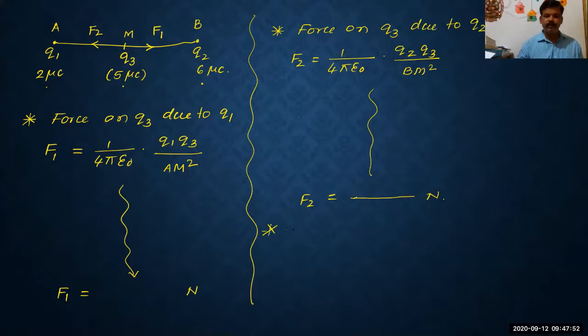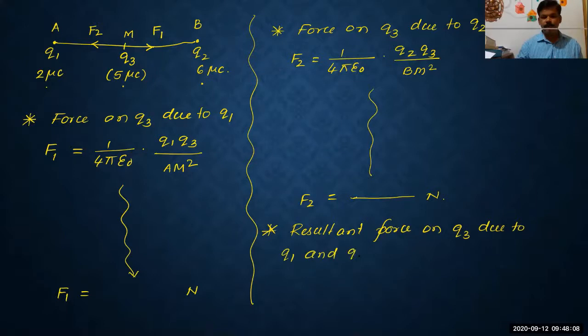Then you go for the resultant force on Q3 due to Q1 and Q2. You know that F1 and F2 both are acting in completely opposite directions. Then simply you take the resultant force as the difference of F1 and F2.